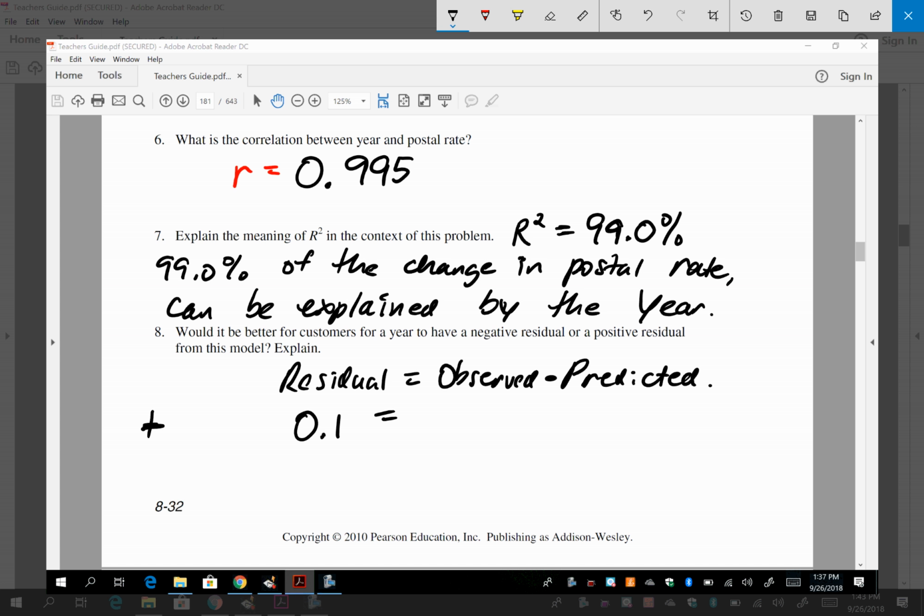Start with an observed. Give me some type of postage rate. Anything you want. It can be as much as or as little as you want. 1 cent. This is going to be hard. Okay? Minus. What does this need to be to get 10 cents? That'll be a negative.